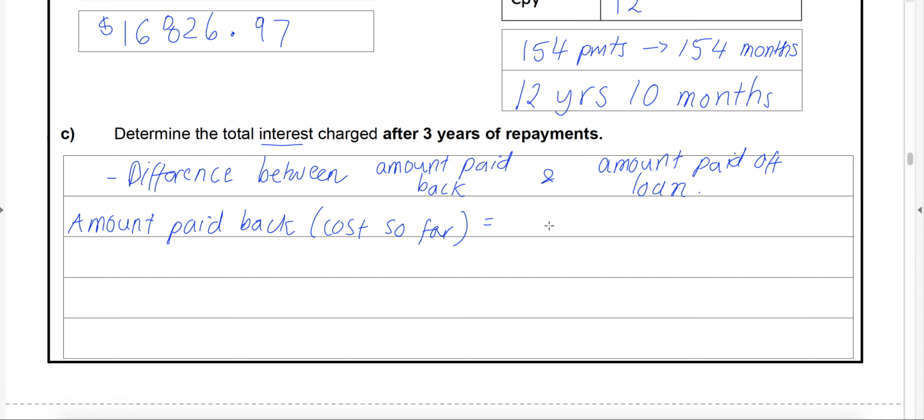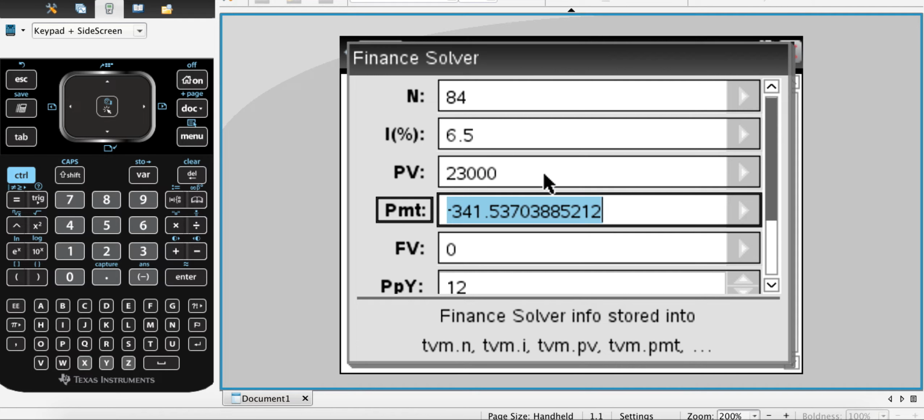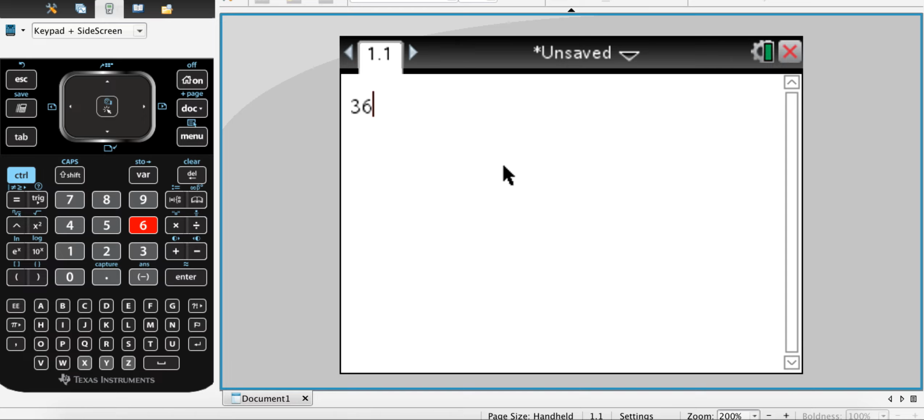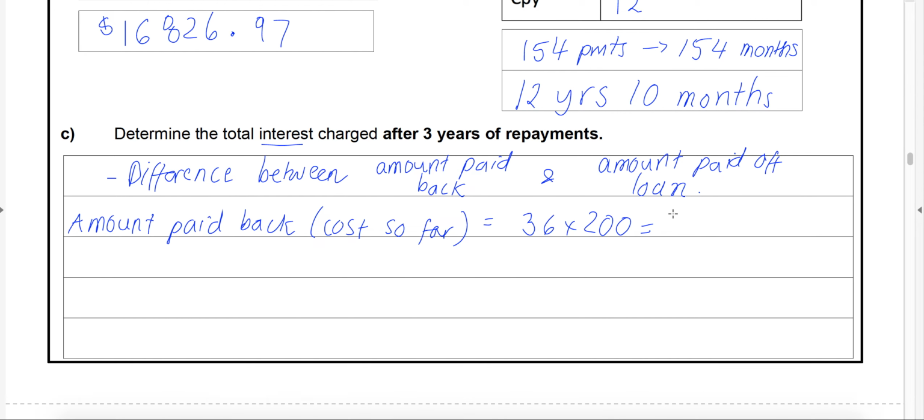So we're going to do 36 by 200. So we can do that on here. 36 by 200. We get 7,200. So Andrew has paid all of that money back.